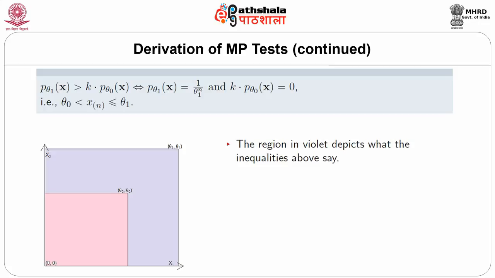So, here where p theta 1 is greater than k p theta naught, we definitely reject H naught. Since X order n is greater than theta naught, under the null hypothesis where theta is theta naught, it is not possible that any of X1, X2, Xn is greater than theta naught.